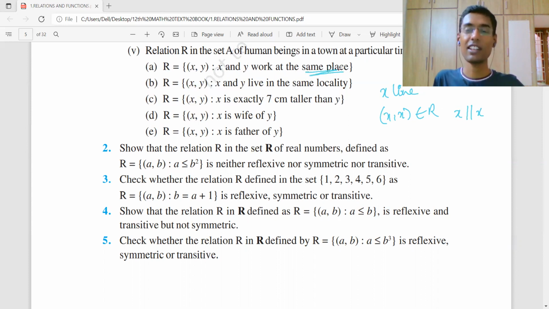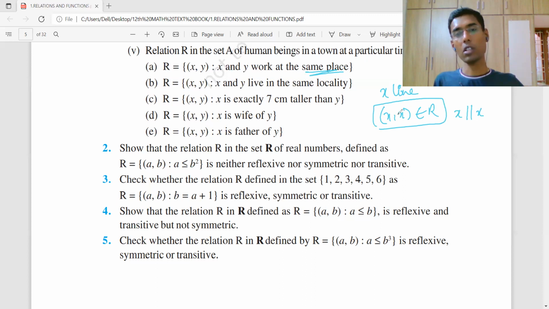But you can't say like this here. Therefore, it's not reflexive, because there is no question of (x, x) belonging to R. The same person you can't take twice. So it's not reflexive, but it is both symmetric and transitive.